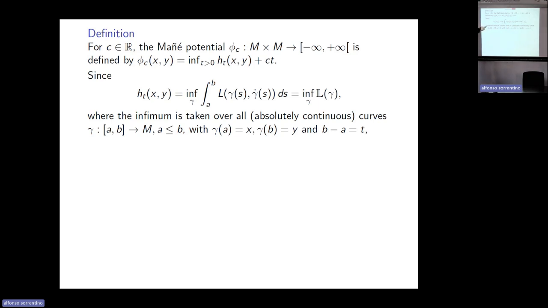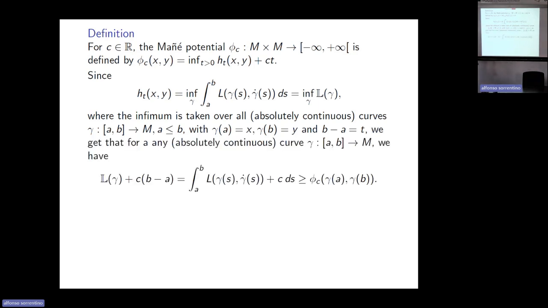We use the definition of h_t(x,y) to conclude that if we take the action of a curve gamma parameterized by [a,b], starting at x and ending at y, with the length of the interval equal to t, then the action plus c(b minus a), which is the integral from a to b of L(gamma(s), gamma dot(s)) plus c ds, is larger than the infimum here. So it's larger than phi_c of gamma(a), gamma(b).